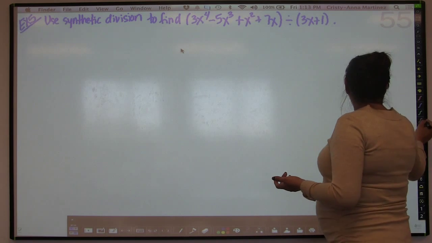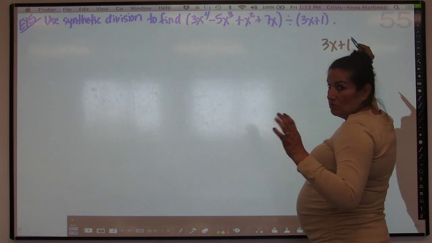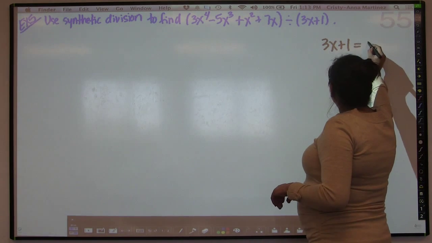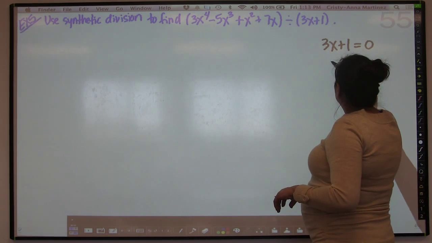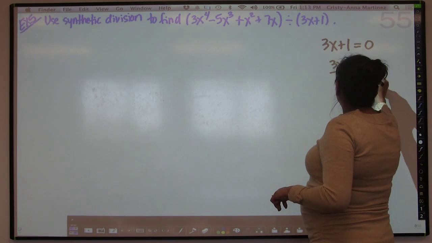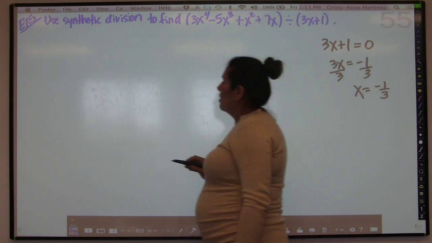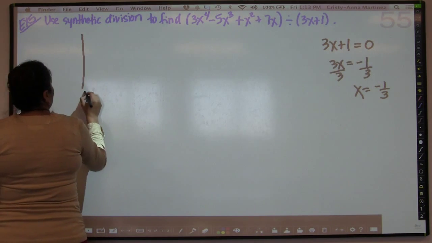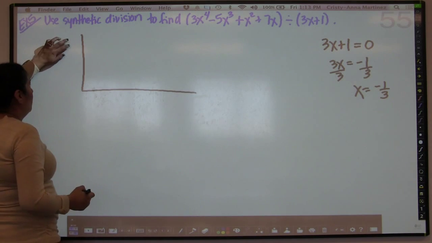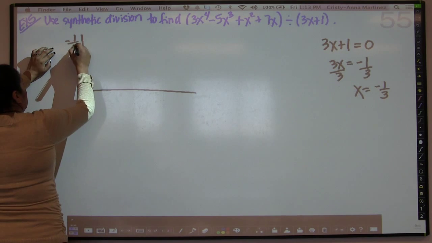But remember that what I said before still holds. You take your divisor, which is linear, it needs to be linear, make it equal 0, and then solve for x. So we subtract the 1, divide by 3, and so x equals negative 1/3. So when I do my elongated L, instead of having a 4 out here like we did last time, we're going to get negative 1/3.